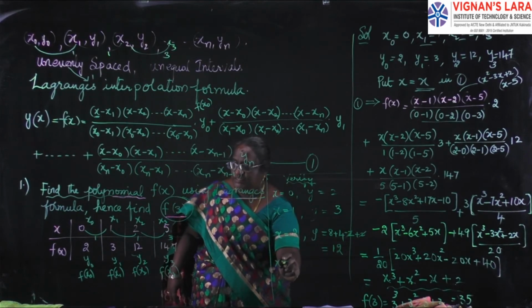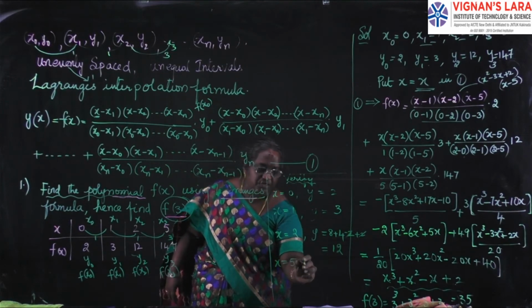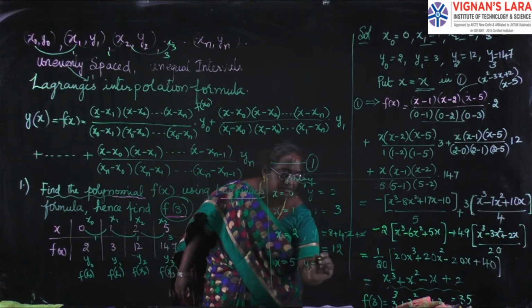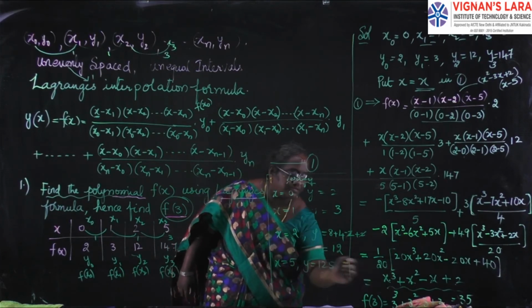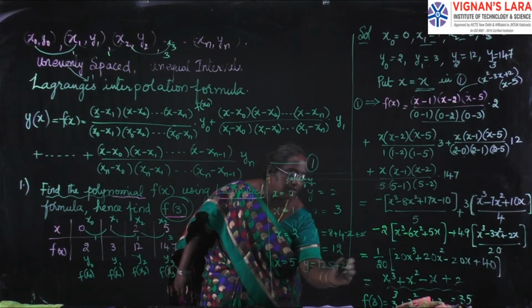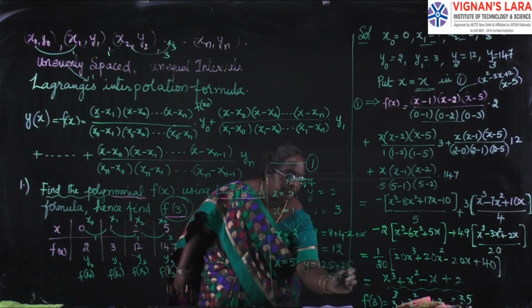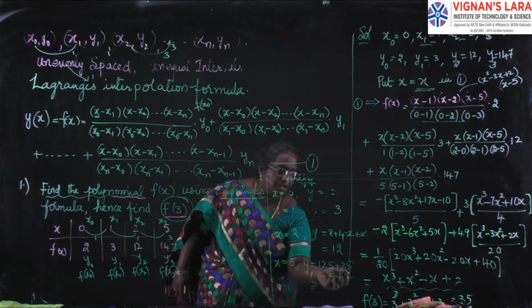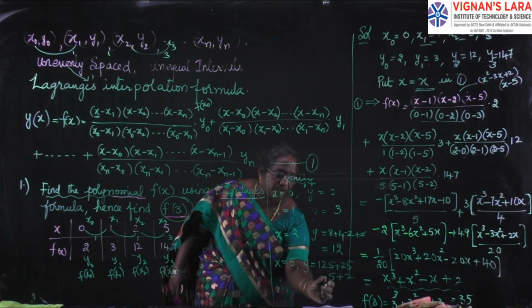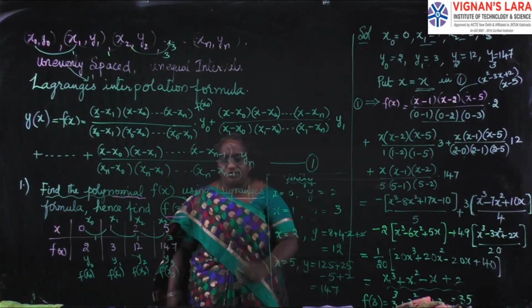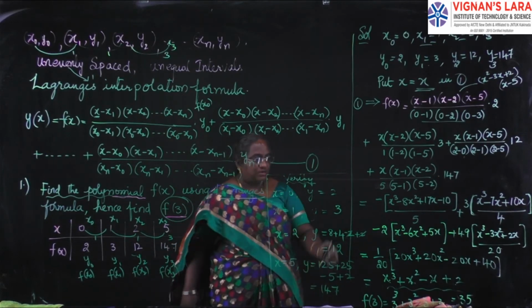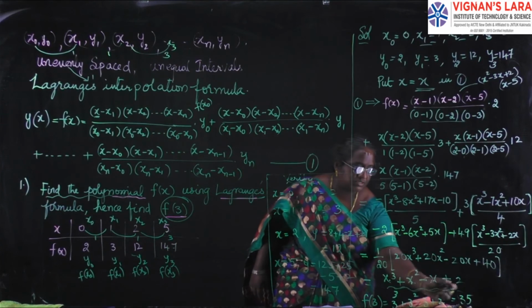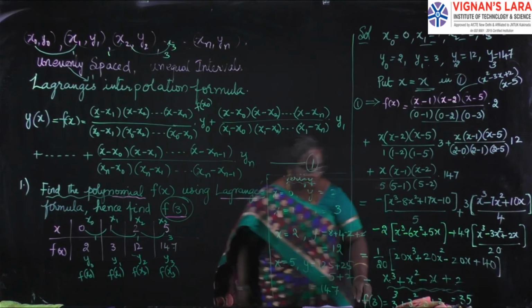So when x is equal to 5, see what is y? 5 cube 125 plus 5 square 25 minus 5 plus 2. So what is our answer? 125 plus 25, 150. 150 plus 2, 152. 152 minus 5, 147. This is how you have to verify whether the polynomial you got is correct or not.